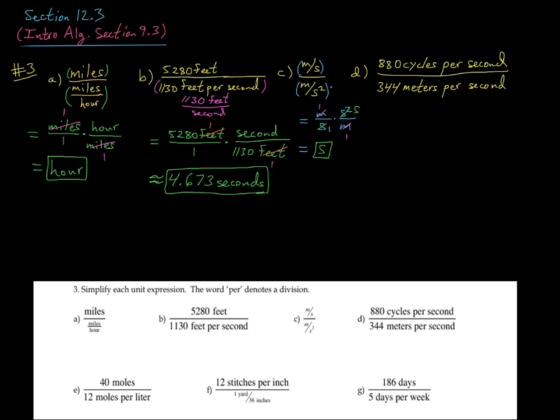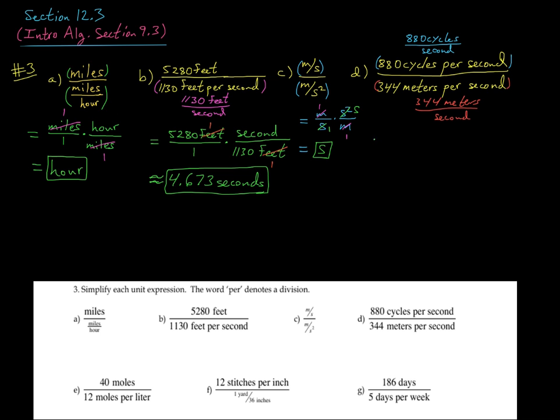All right, great. For D, 880 cycles per second divided by 344 meters per second. This is really similar to part B. When you see that word per, you want to be thinking a division symbol. So think about the thing up top as 880 cycles and then a division bar for the per second, and down here you want to be thinking 344 meters per, so division bar, second.